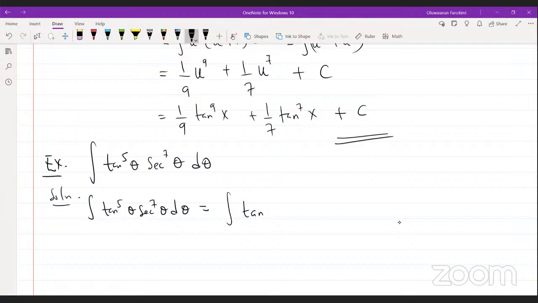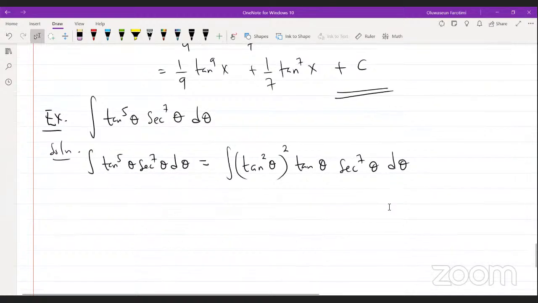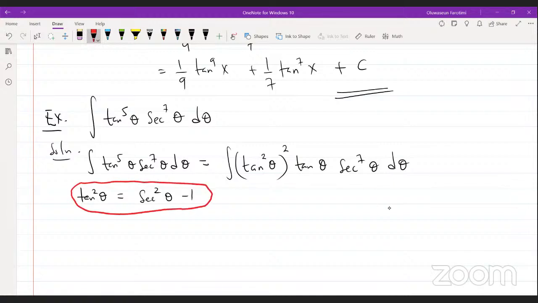This is tan to the 4th power times tan, which is a way to break down tan to the 5th power. But what do I know? I know that tan squared theta is the same thing, guys, as secant squared theta minus 1. This is a trigonometric identity that we're employing in this case.